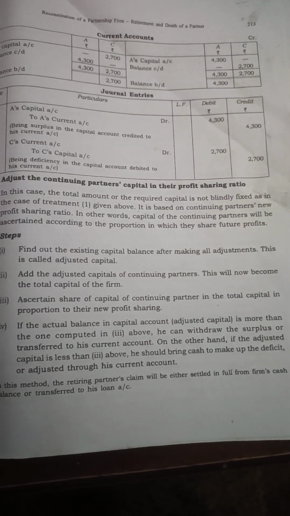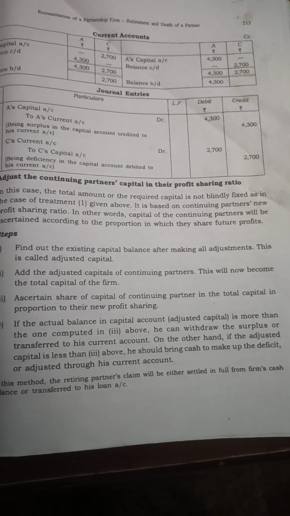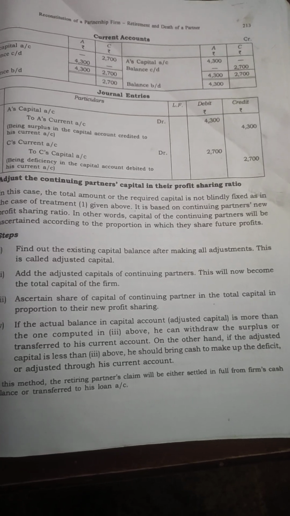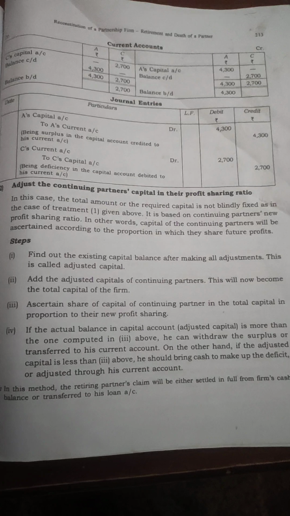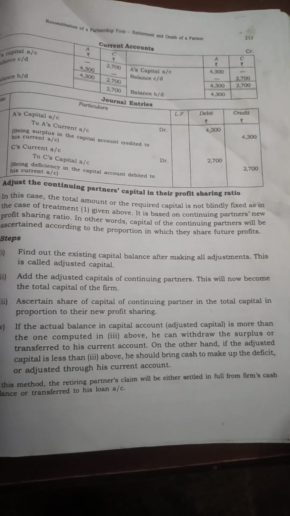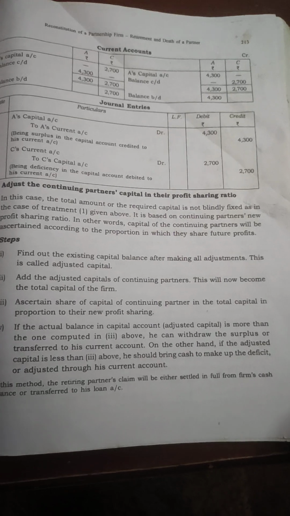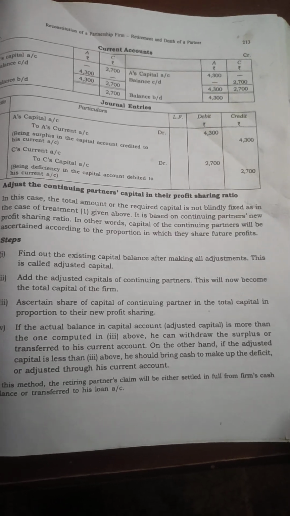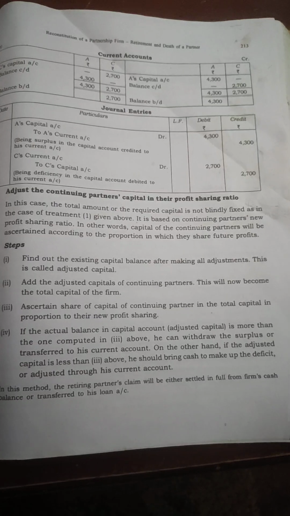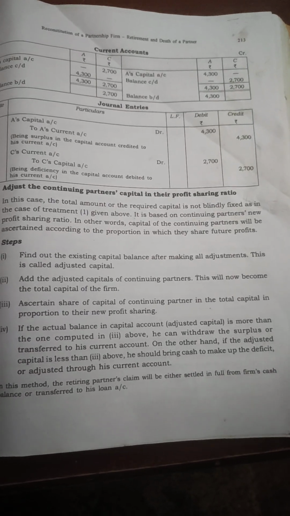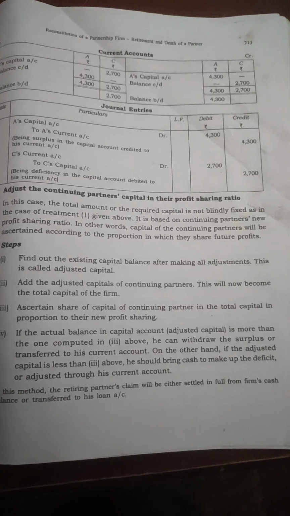Then from this total capital, we have to ascertain the share of capital of the continuing partners according to the new profit sharing ratio. If the actual balance in the capital account, that is the adjusted capital, is more than the one computed in the third point, he can withdraw the surplus or transfer it to his current account.